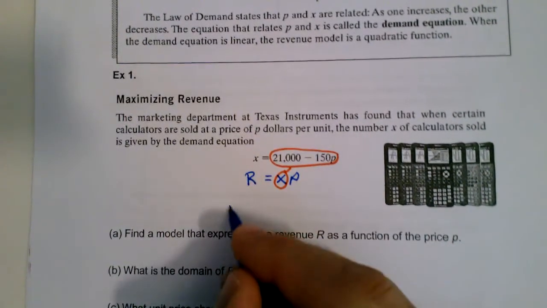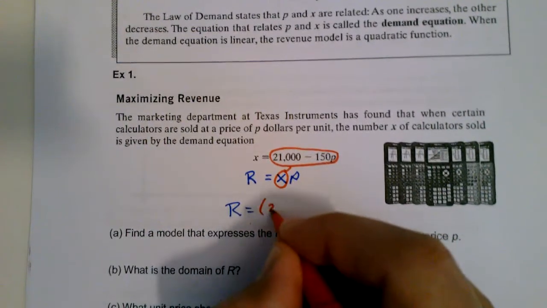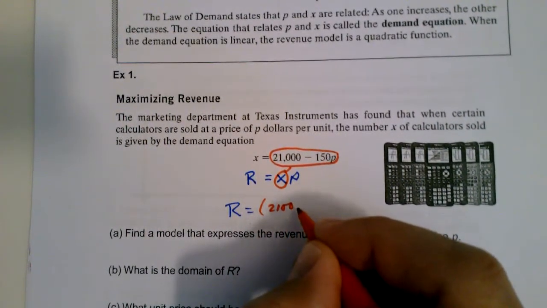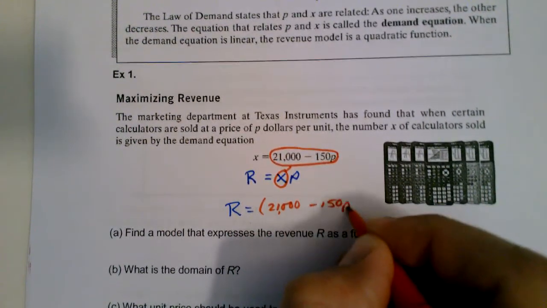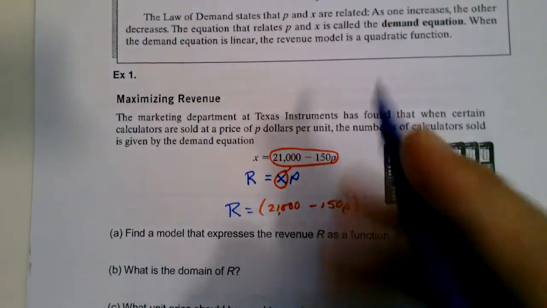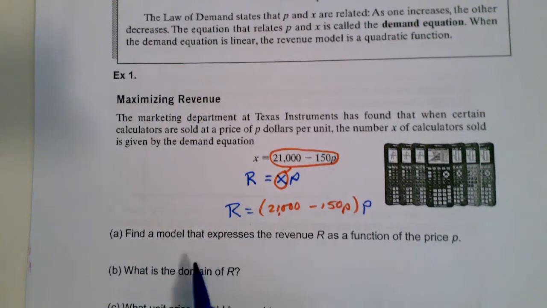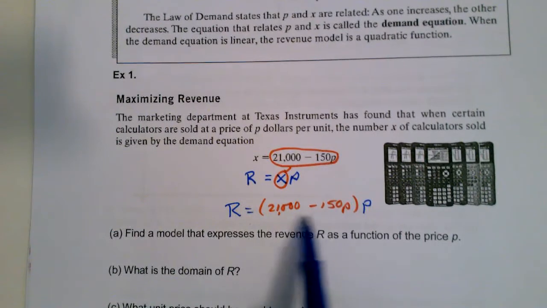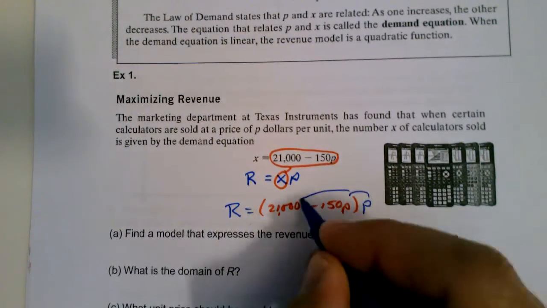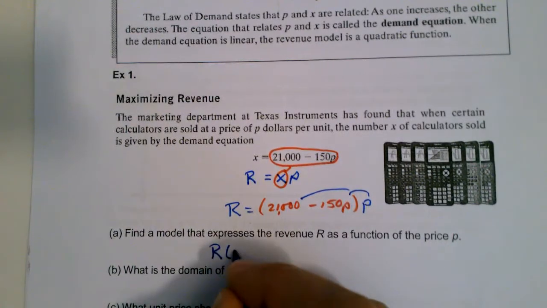So now I've got R equals X, which is now 21,000 minus 150P, and now times this P. Again, we want a model that expresses R as a function of P, with R in terms of only P. So I distribute.